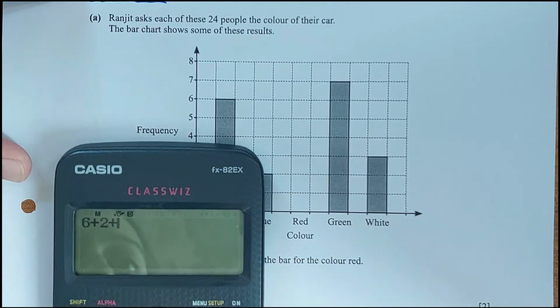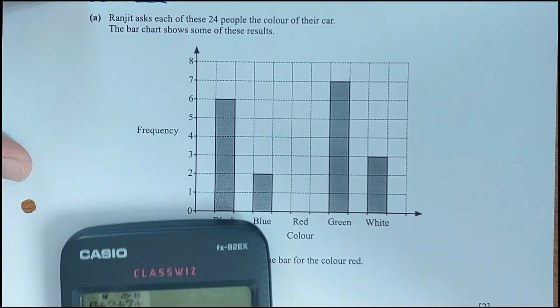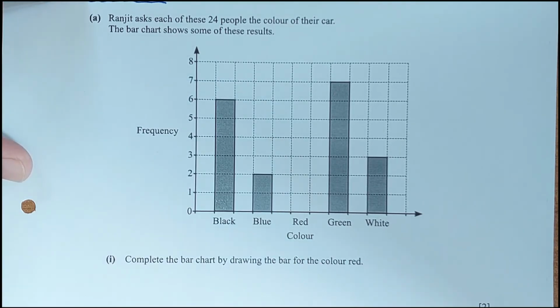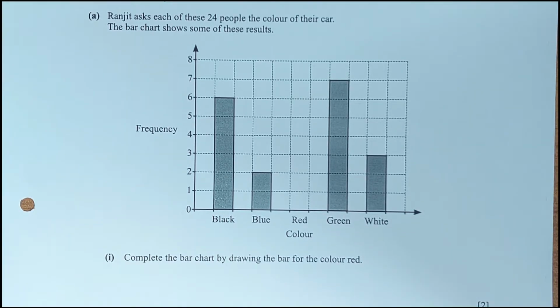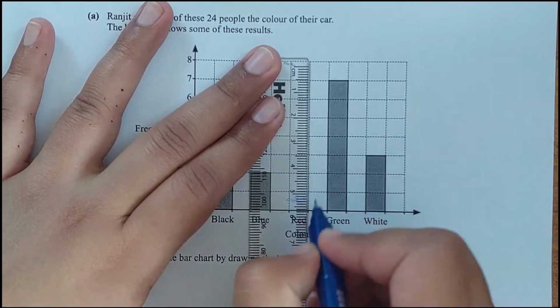For green we have the frequency 7, so plus 7, and for white the frequency is 3, so plus 3, it's 18. Right, so 24 take away 18 is 6. So the frequency for red is 6. Let me draw for 6. Okay, we have 6 over here.